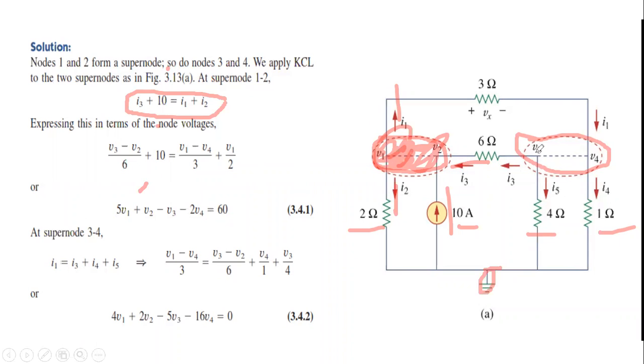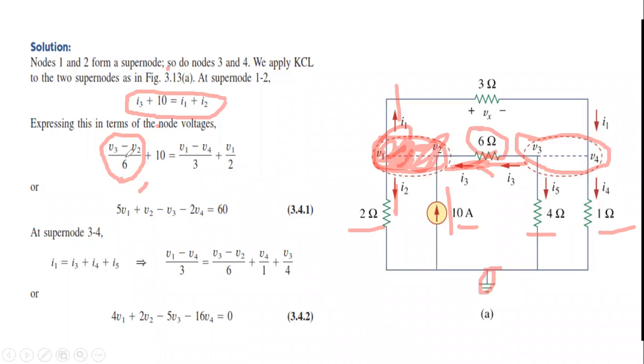It means V3 is the higher potential and V2 is the lower potential, only then it is flowing like this. So I have to take it as V3 minus V2 divided by the resistance. The resistance is 6 ohm, so the current I3 will be replaced by the expression V3 minus V2 divided by 6.